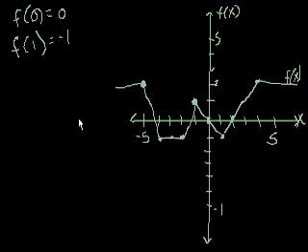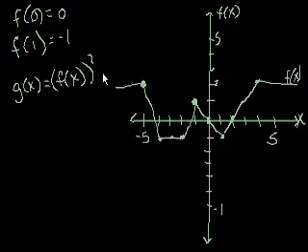So if that's the graph of f of x, let's say that we define g of x. g of x is equal to f of x squared minus f of x.